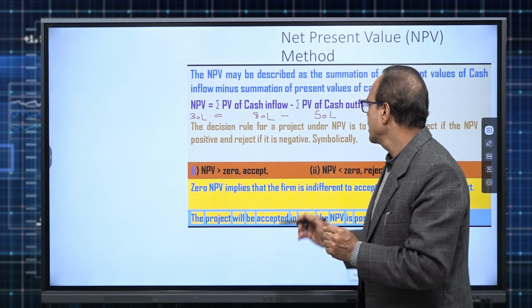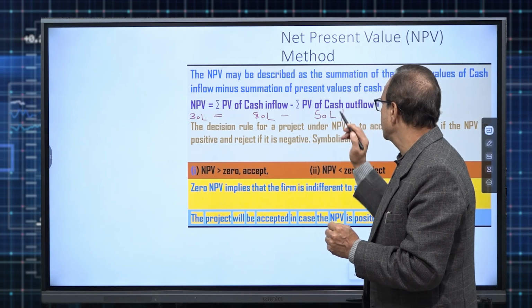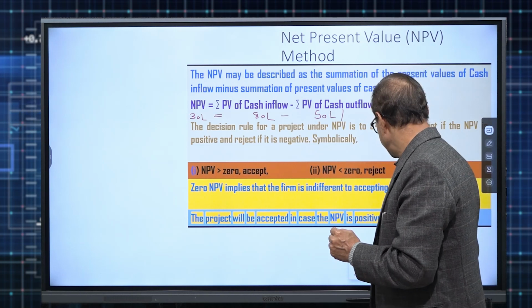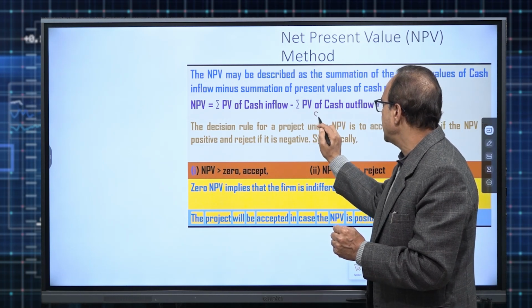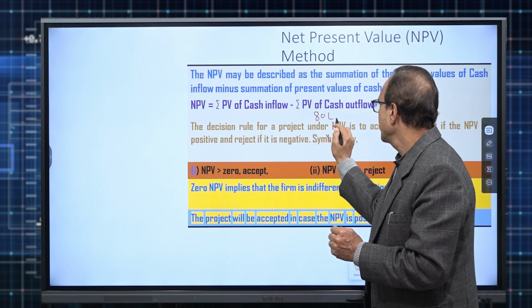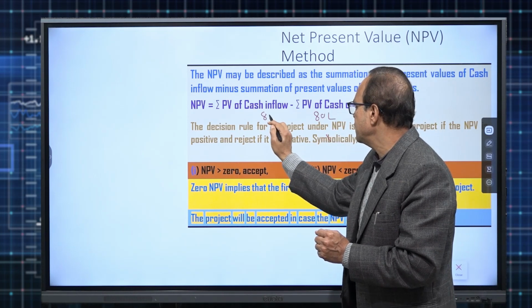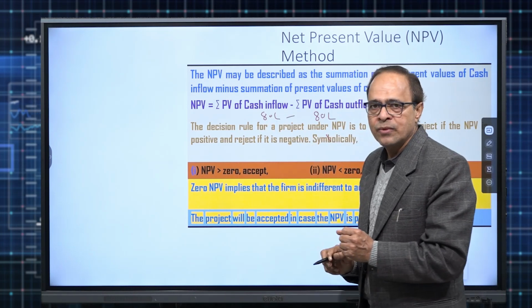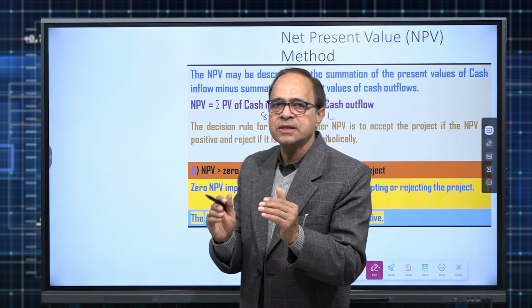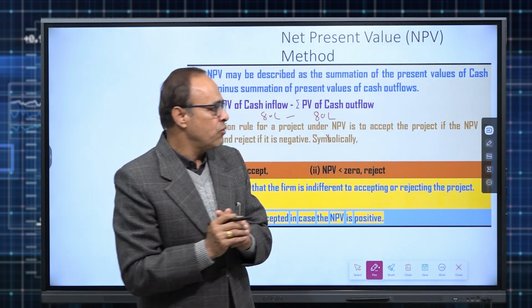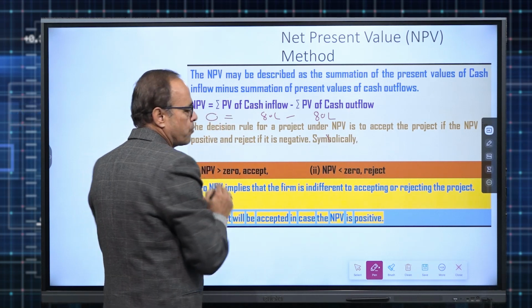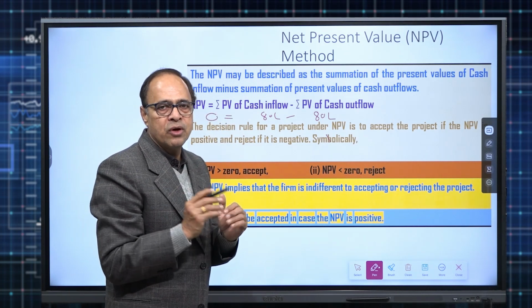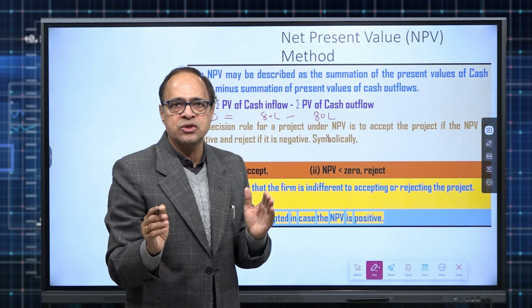On the other hand, suppose an alternative situation takes place. What is the alternative situation? Let us say the present value of cash outflow is 80 lakhs and the present value of cash inflow is also 80 lakhs, and you have used a 20% discount rate. Now what is your NPV? Net present value is 0. However, this project is also acceptable.